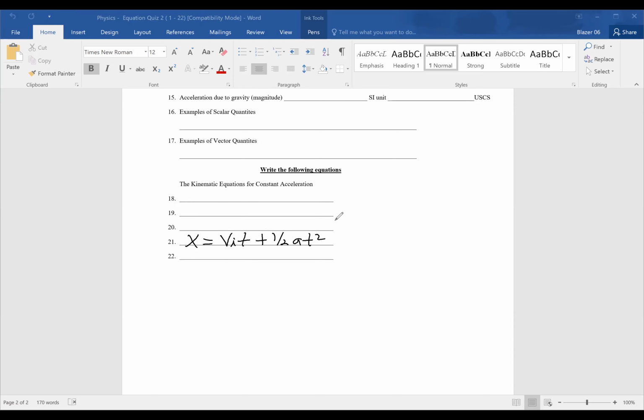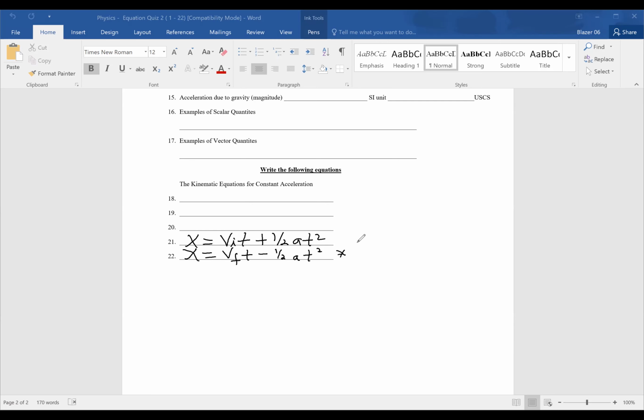Now, that works when we know the initial speed, but I also left a space here for displacement if I know the final speed times time, minus 1/2 at squared.